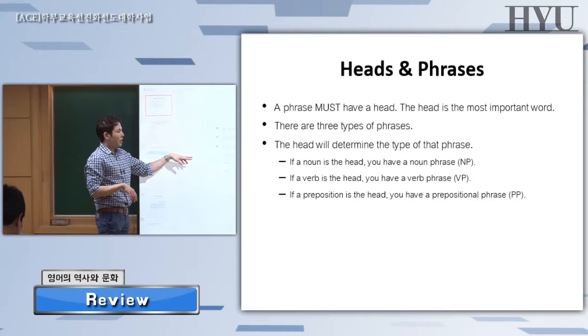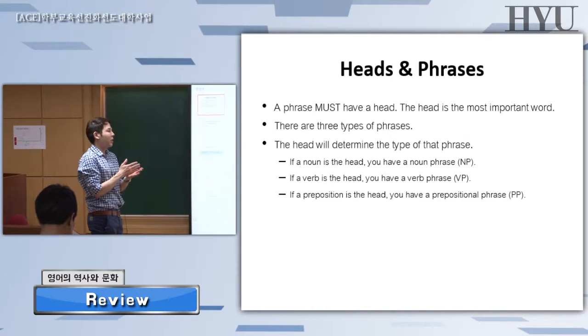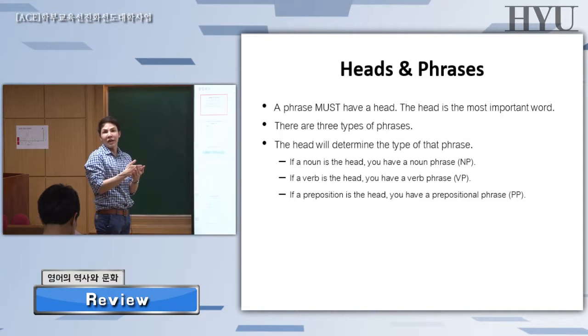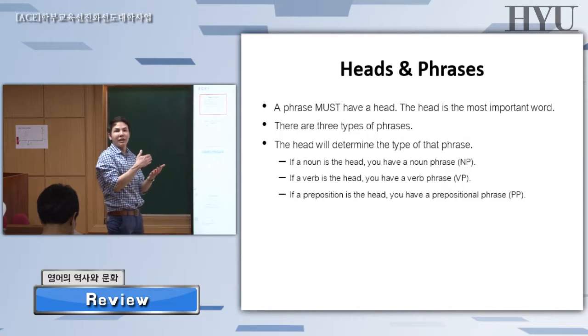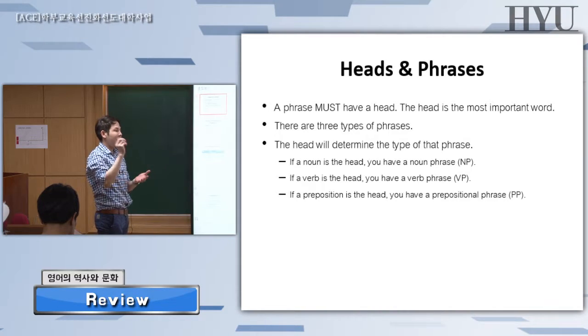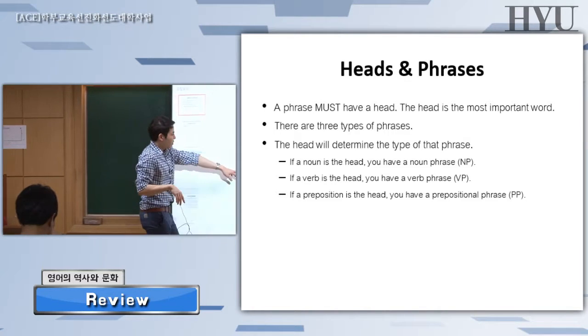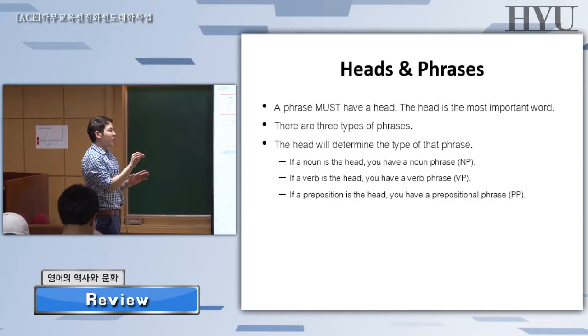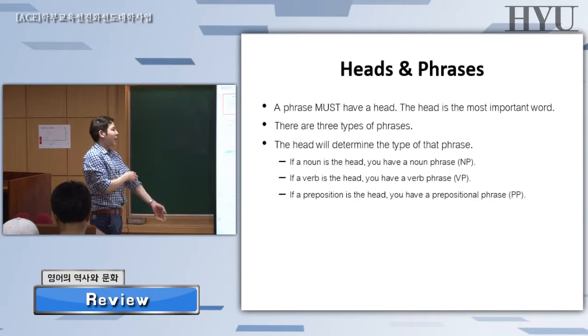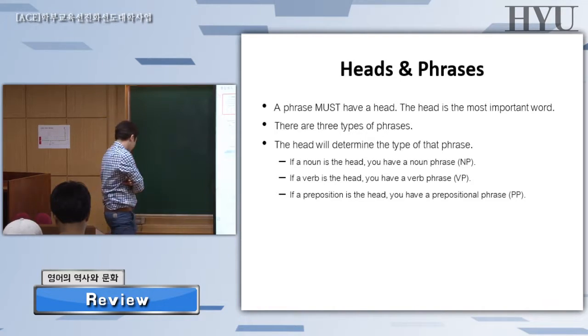If the preposition is the most important word, then we call it a prepositional phrase. And if an adjective or an adverb is the head, then we call it an adjective phrase or an adverb phrase, or AP. I don't have that on here, but you can add it.